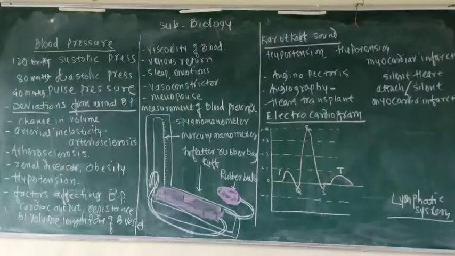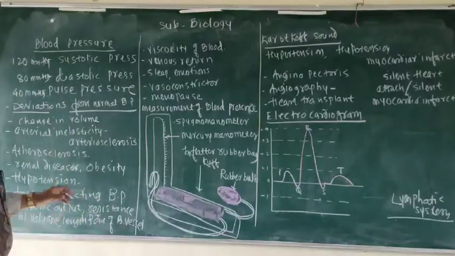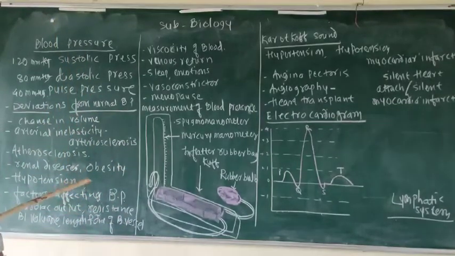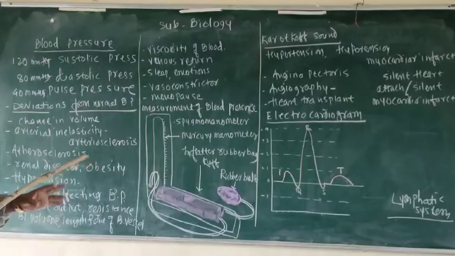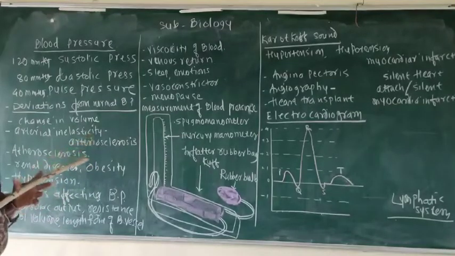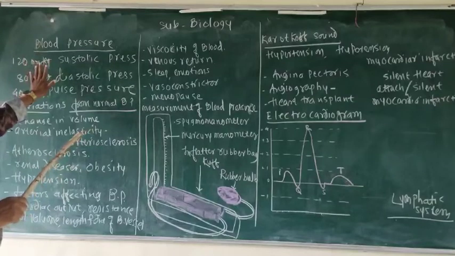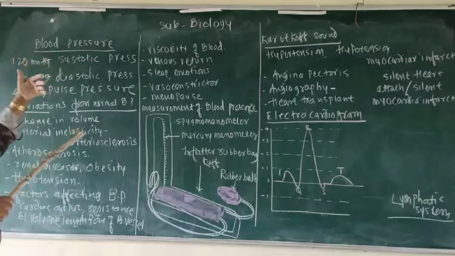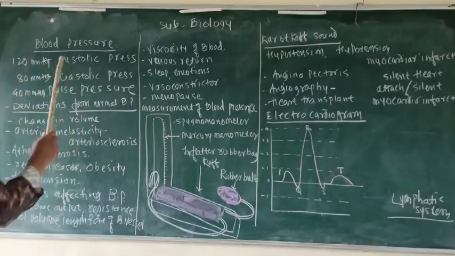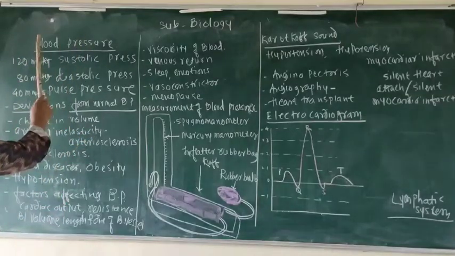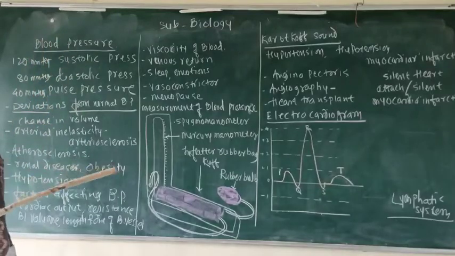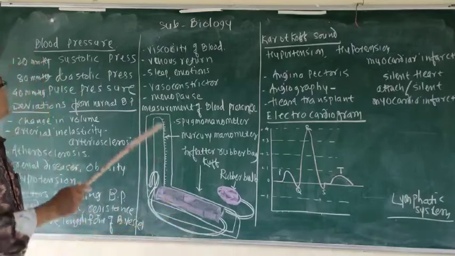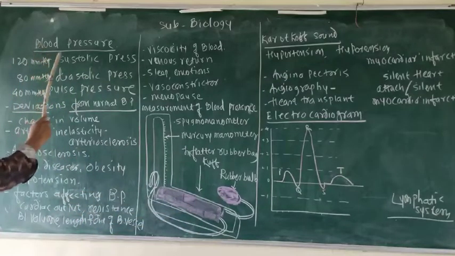We are going to discuss another part of this topic, blood pressure. Before this, we discussed the different components of the blood vascular system, then blood vessels, and then the pressure created by the blood on the lateral walls of blood vessels, especially on the arteries.